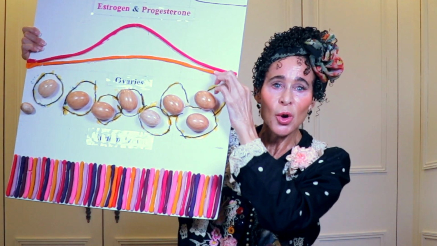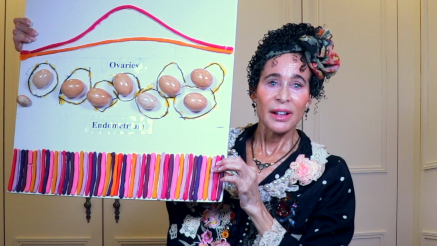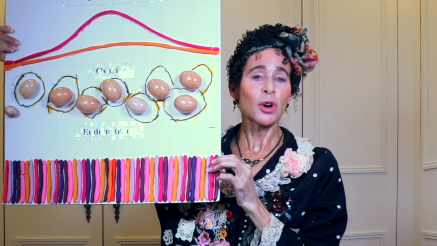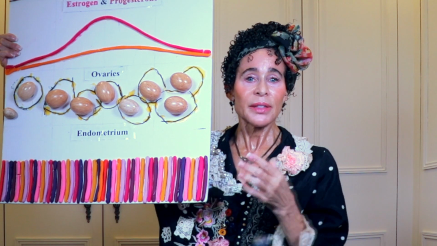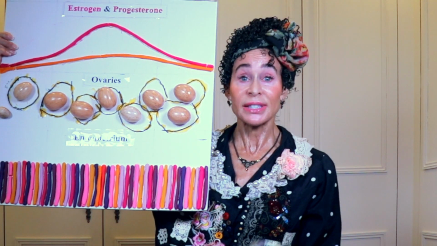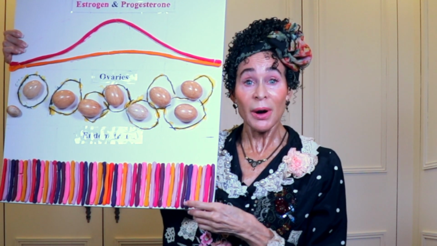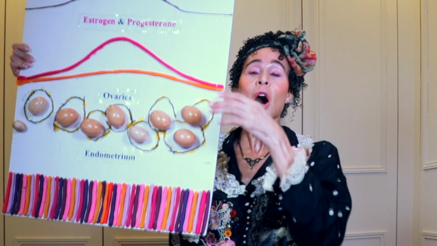And progesterone's role is to maintain this thick endometrial lining after ovulation should you get pregnant. But because you don't ovulate, this thick lining never sheds. So at perimenopause, you have a long-term buildup of the endometrial lining. And so because it's so thick, it just starts shedding more frequently.